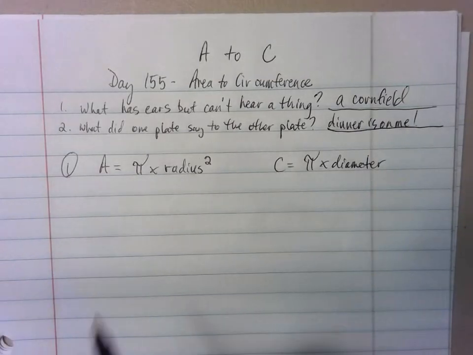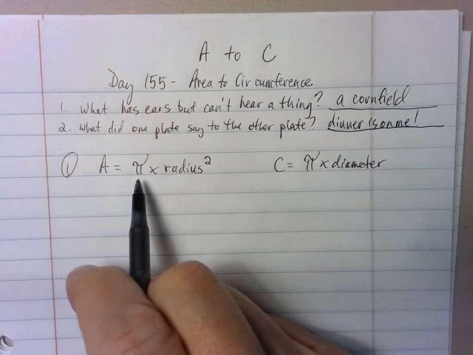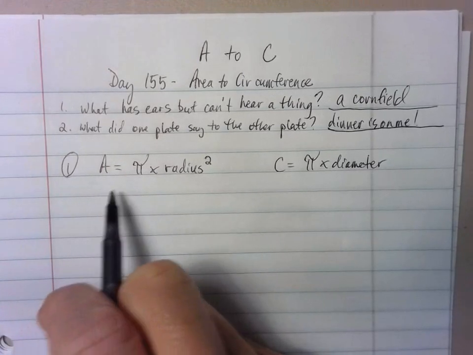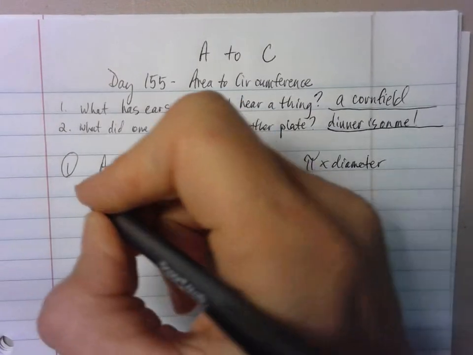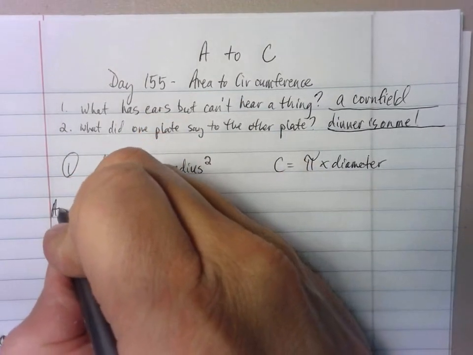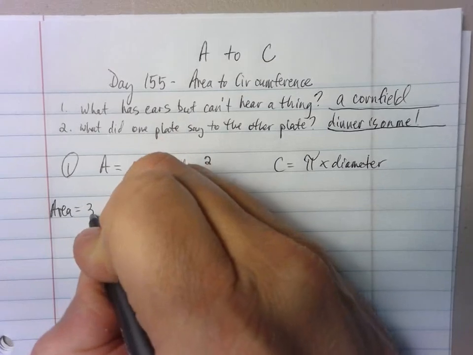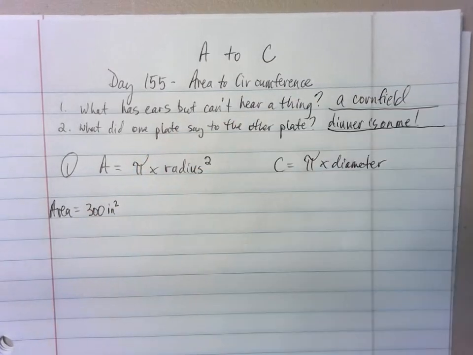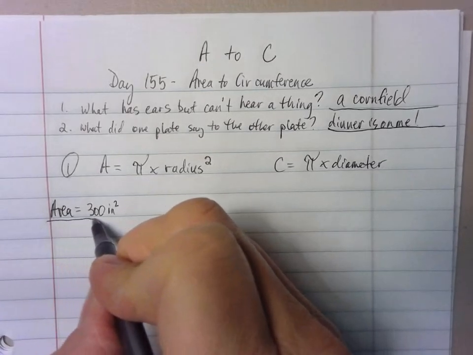Okay, so we're going to go from the area of the circle, work it backwards, and come over and get the circumference. Alright, and we know the area formula after all this work we've been doing is pi times radius squared. Alright, so let's talk about pizza. Let's say we know the area of the pizza is 300 inches squared. They give us that in the problem.